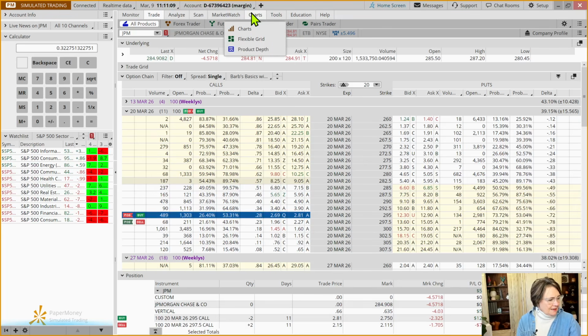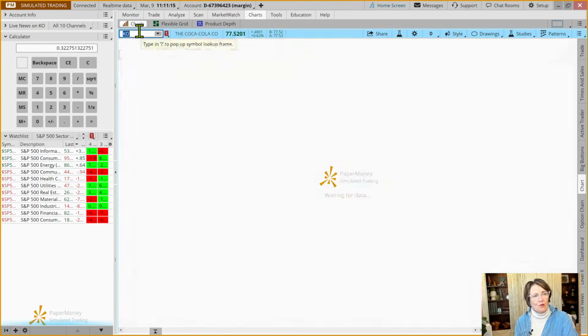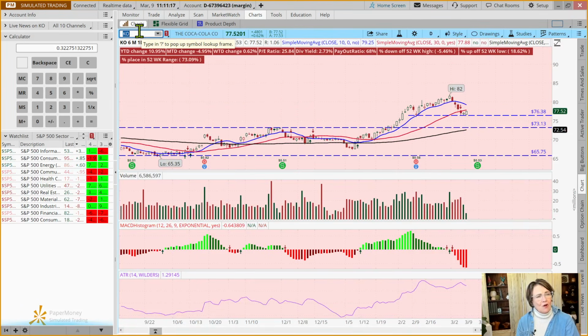And then I thought we could come and look at Coca-Cola. Now, Coca-Cola, you know, we often don't look at. And why is that? Because volatility tends to be very low. It's a very steady eddy kind of stock. And we don't tend to have a lot of volatility.